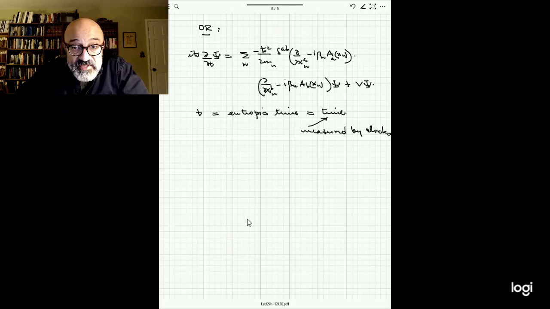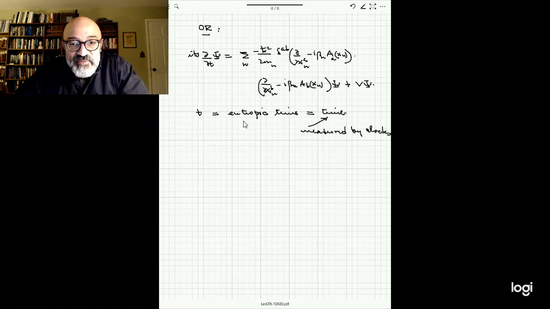Clocks, and in particular atomic clocks, are calibrated in such a way that what they measure is this T that appears here. So what we introduced as a clever inferential trick, as a clever device, a parameter to see how changes of the probability distribution would accumulate, ends up being the stuff that's measured by clocks.